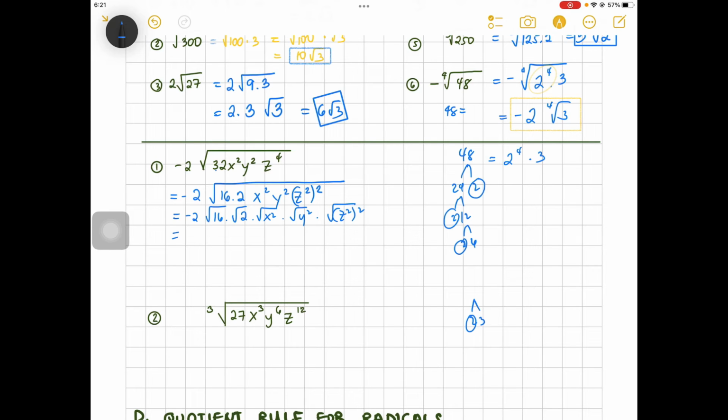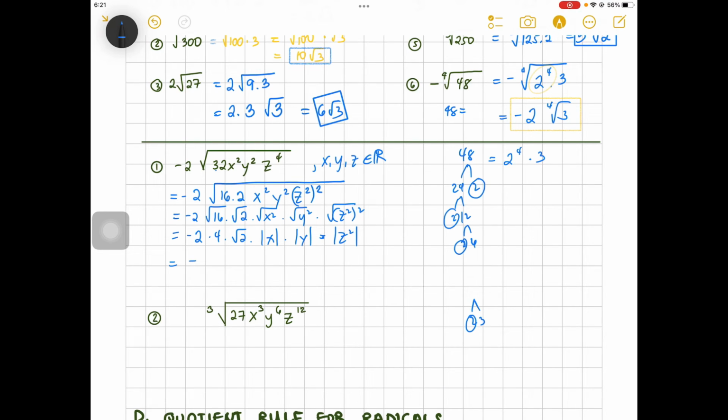So meron tayo ngayong negative 4 square root of 2, this is square root of 2, this is absolute value of x, this is absolute value of y, this is absolute value of z squared. Okay, kasi yung variables natin dito hindi naman naka-specify kung positive sila, assuming na sila ay element ng real numbers. So, ganyan.